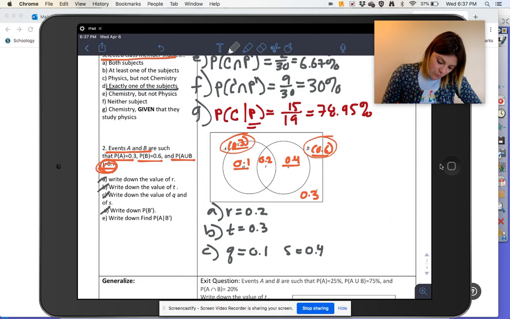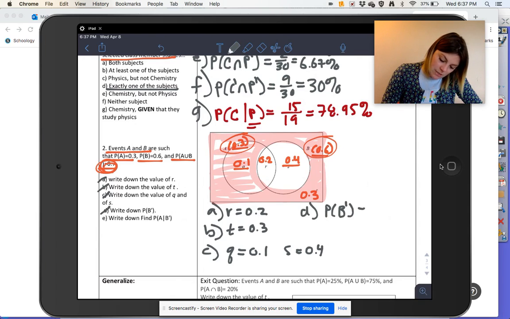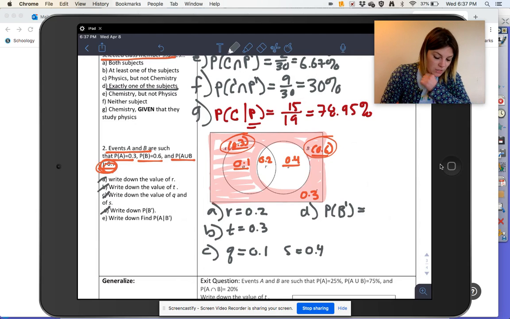D, write down the probability of B prime. Okay, so it's everything that's not in B. So let's do it. Everything that's not in B is all of this stuff right here. Maybe you don't need to highlight in order to find the answer, but I do. So the probability of B prime is everything that's not in B. So I'm going to add the 0.1 and the 0.3, and that is 0.4.